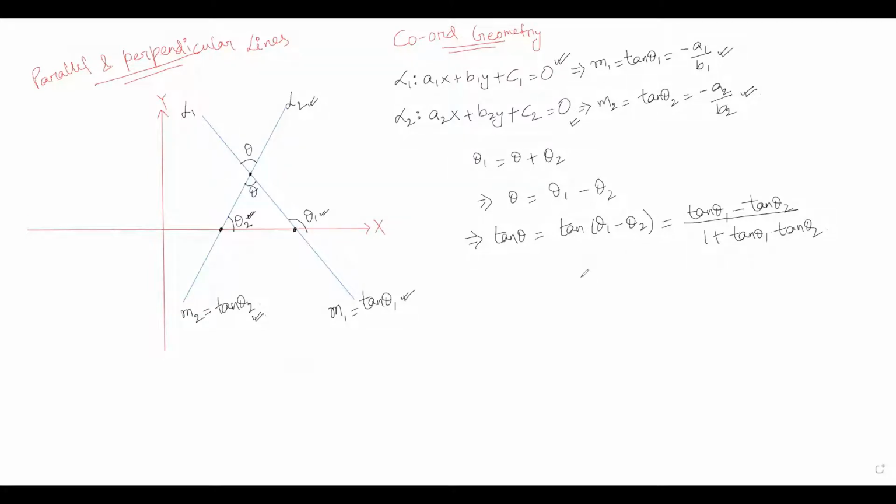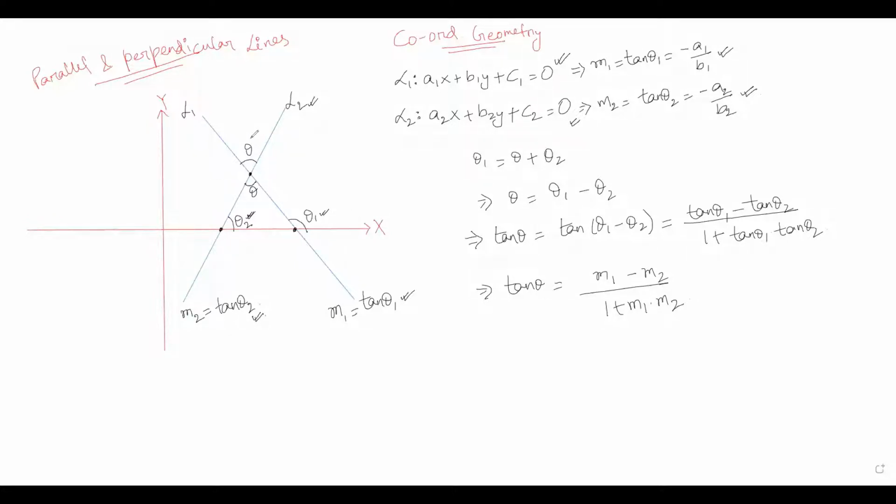Now, let us replace this tan θ1 and tan θ2 in terms of m1 and m2. So, this tan theta would be equal to m1 minus m2 upon 1 plus m1 times m2.